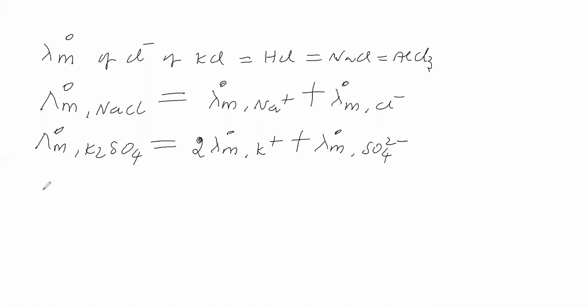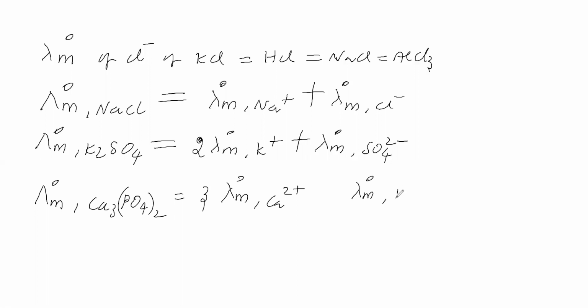Next relation: lambda m naught of Ca3(PO4)2, calcium phosphate, is equal to lambda m naught of the cation, which is calcium ion 3 times, and lambda m naught of the anion, which is phosphate, PO4 3 minus, 2 times.